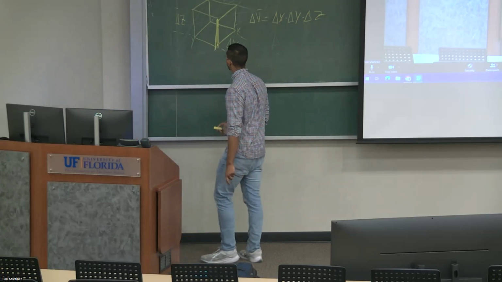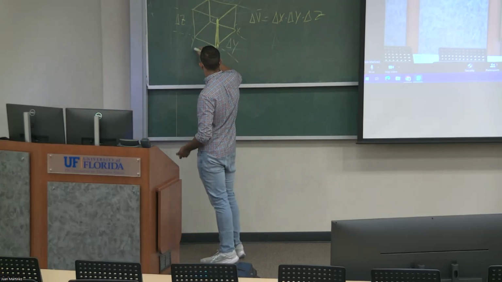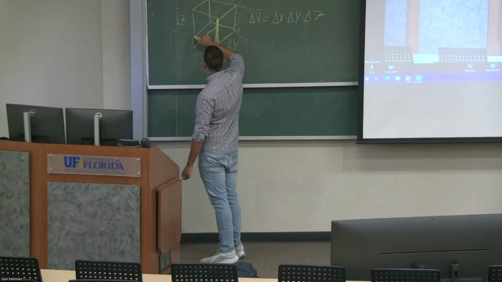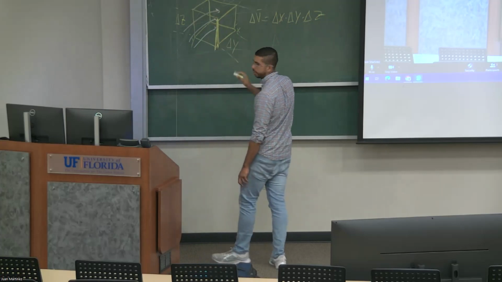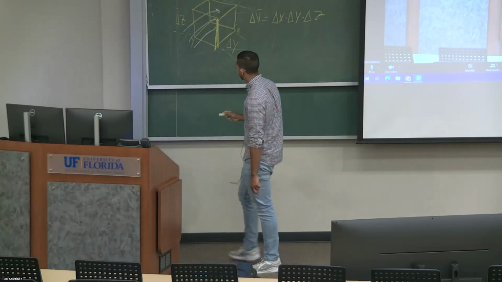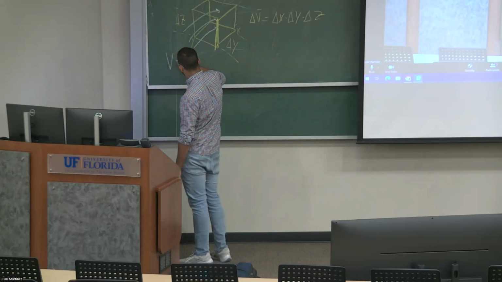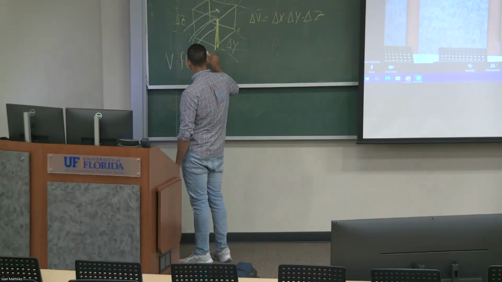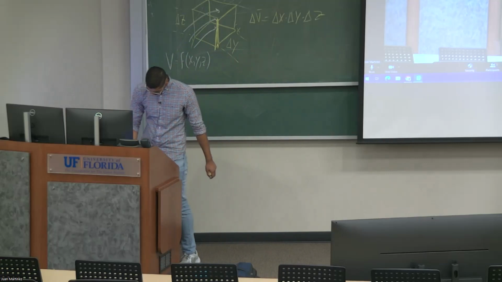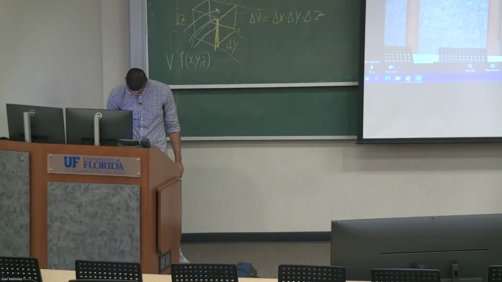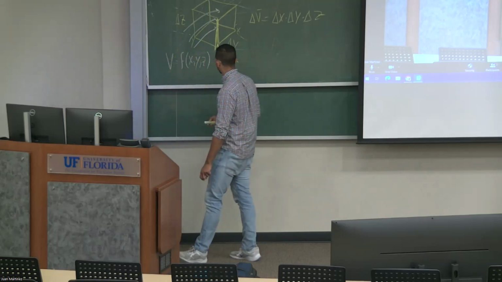And usually what we try to represent here is how velocity enters and flows through this space. So you have a function of velocity, which is in 3 dimensions. And I'm gonna give you an equation.